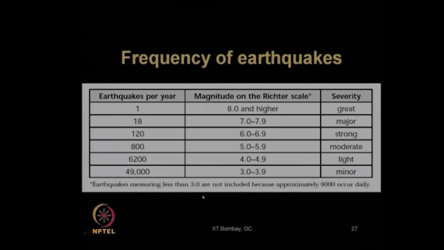And below 3 there are several tens of thousands of earthquakes which occur worldwide. That means, on an average every day, some part of the earth might be having earthquakes with magnitude less than 3, which we do not bother about.